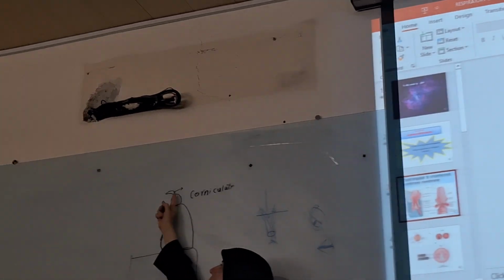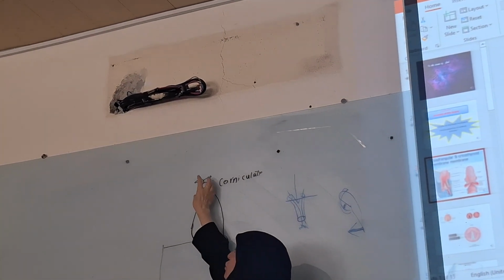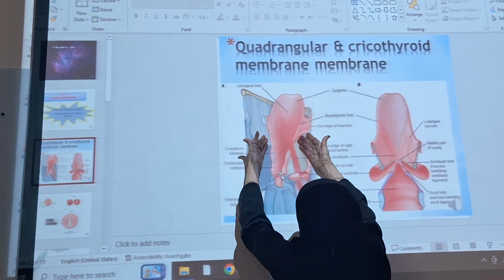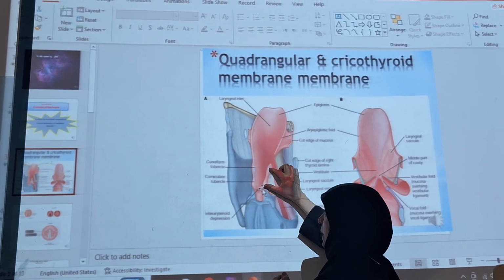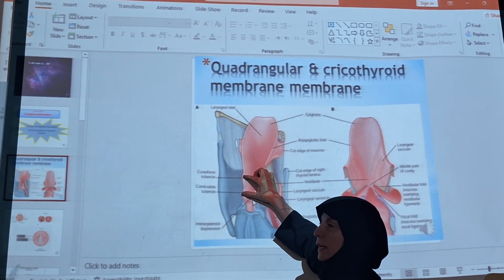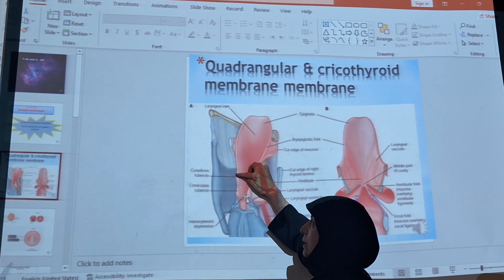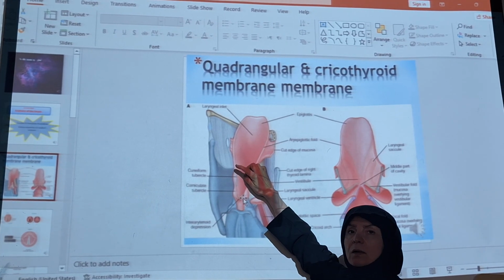These are found inside of the aryepiglottic fold.